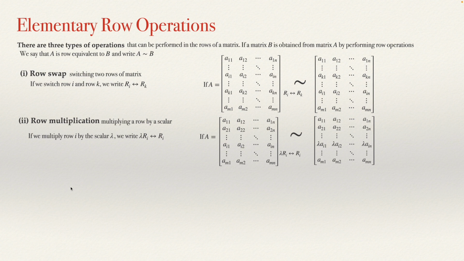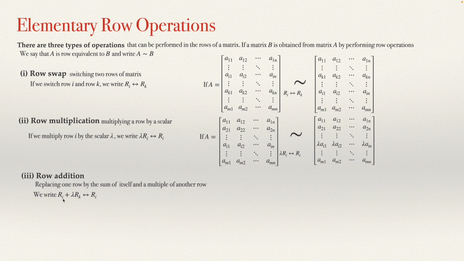And finally, the third operation is called row addition. What we are going to do is replace one row by the sum of itself, so the same row, and a multiple of another row.